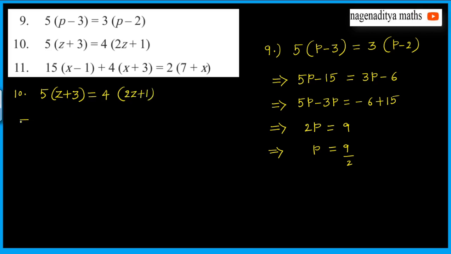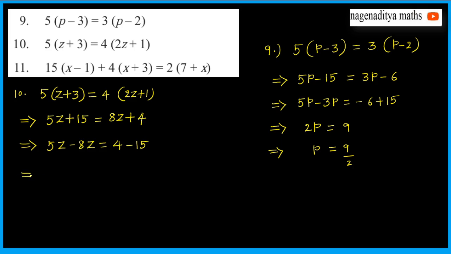So this implies 5 into z, that is 5z, 5 3s are 15, is equal to 4 2s are 8, 8z plus 4 1s are 4. So this implies if you bring the z terms in the one side, 5z minus 8z is equal to 4 minus 15.